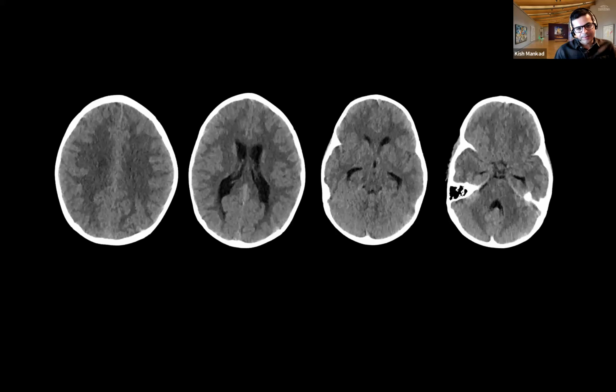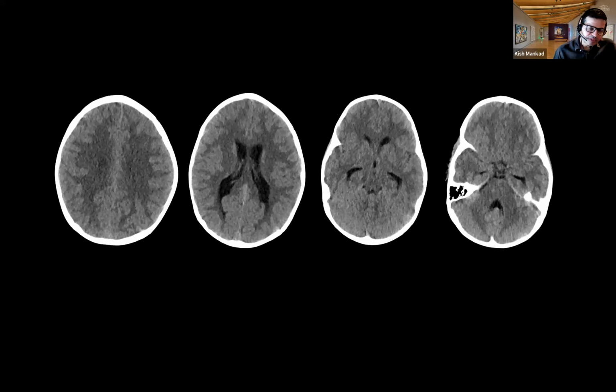So here is a CT scan, and these are axial CT cuts, non-contrast. The scan was done in a child who presented with fever and a bit of encephalopathy, and the decision was to proceed with a lumbar puncture because a diagnosis of meningoencephalitis was being entertained by the clinical team.